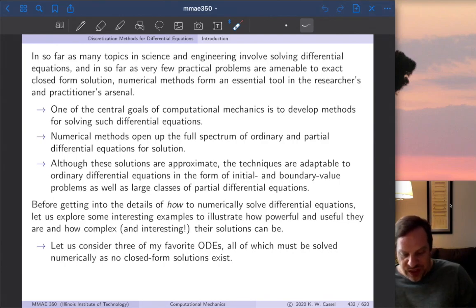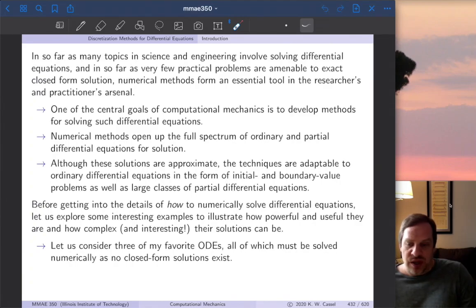Before we get into the hows, how we actually do these numerical solutions, how we formulate them and actually program and solve them, what I want to do is go through 3 examples of some of my favorite ODEs. These are relatively simple ODEs. One of them is actually linear, the other 2 are nonlinear. These can be solved using Mathematica, using the techniques that we're developing in this course.